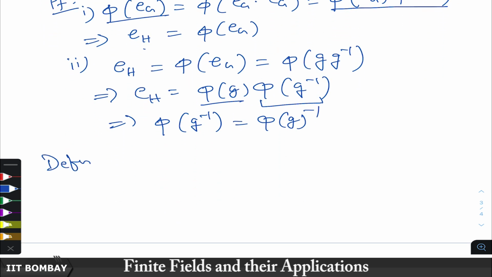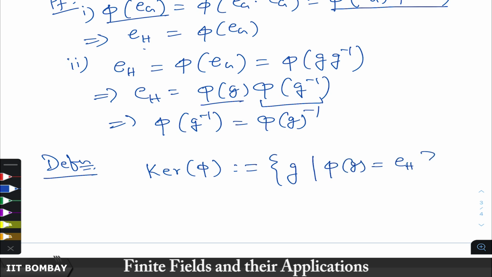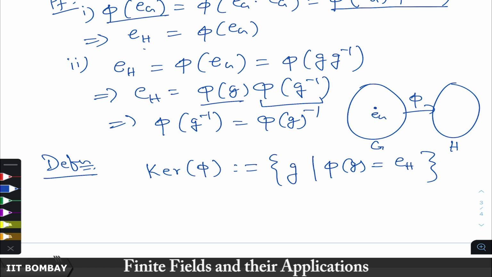Now, for any group homomorphism, we define the kernel of the group homomorphism as the set of all g for which phi of g is e_H. So, we have this G and we have this H. There is a map which is a group homomorphism, which means a certain nice structure in the map. There is this special element e_G here, it will always go to this e_H.